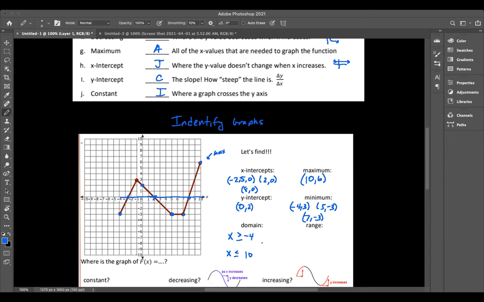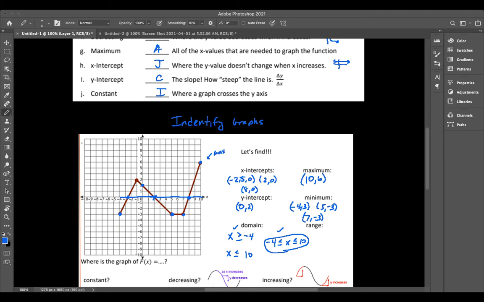We would write -4 less than or equal to x, less than or equal to 10. On the test, you can either write it like this, or you can write it like this. I'm fine either way.